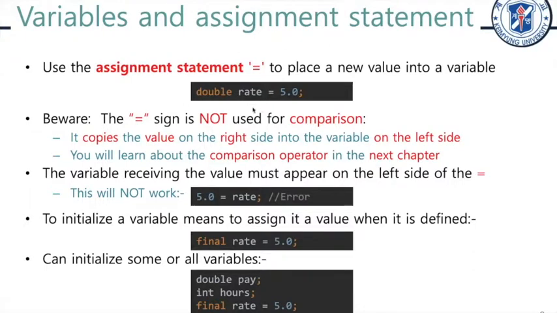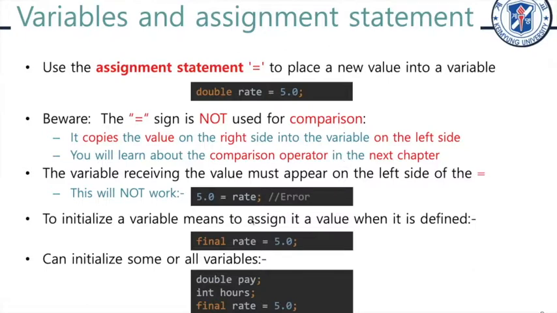But mind you, here the equal sign is not about a comparison. We are not saying rate equals 5. We say 5 is assigned to rate. The assignment operator copies the value on the right side to the variable on the left side. The comparison operator will be discussed in the next chapter.